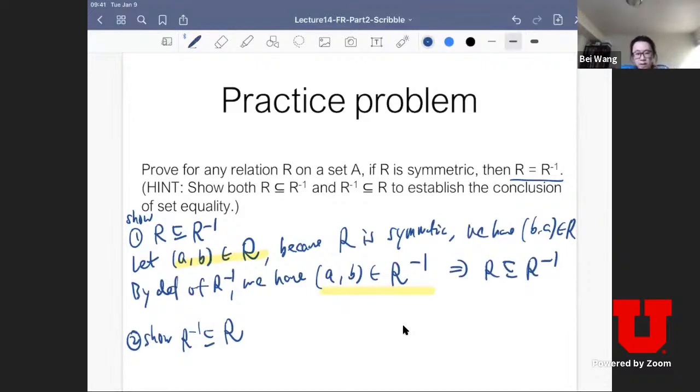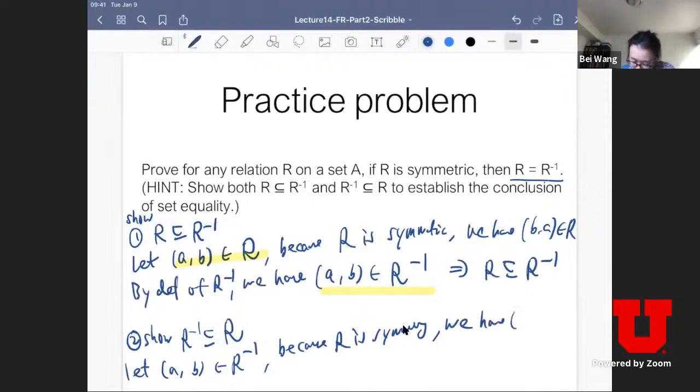Okay. The second part is we start with an element in R inverse. No, hold on, apologies.